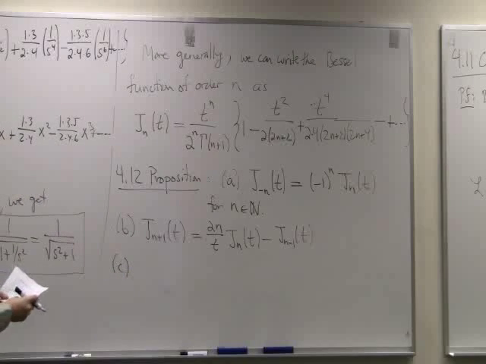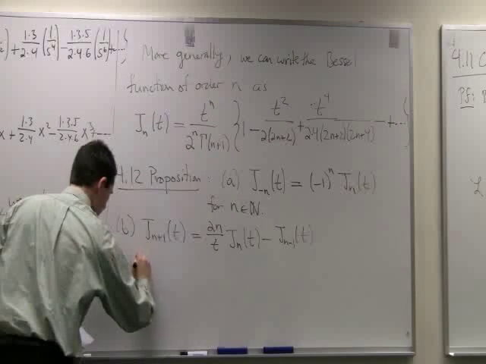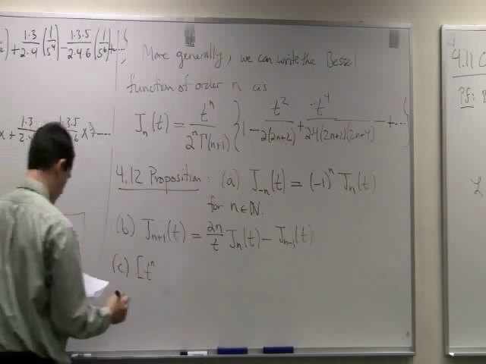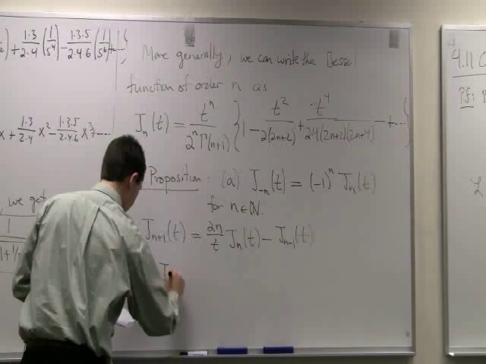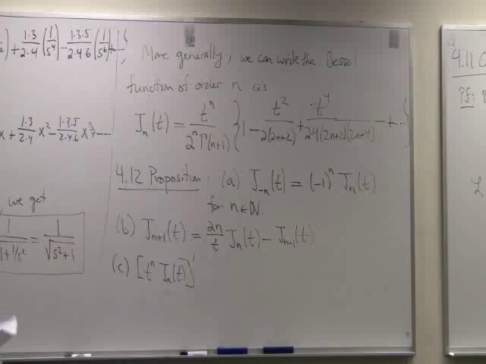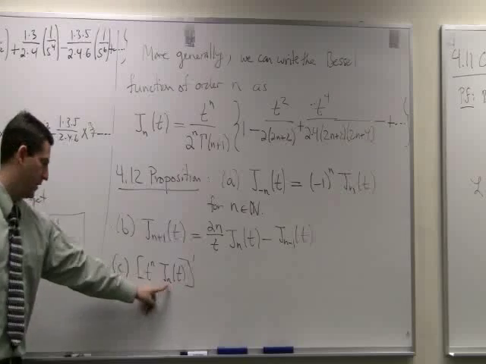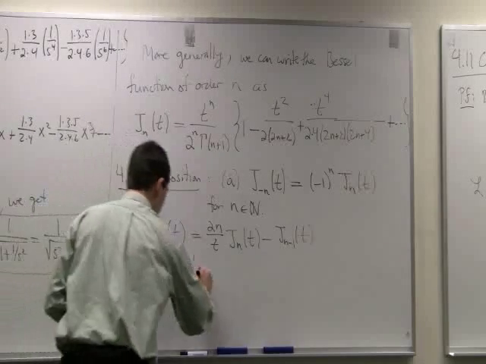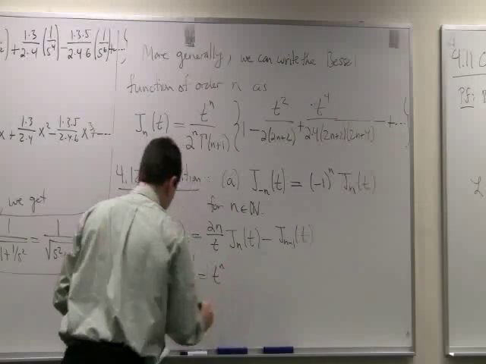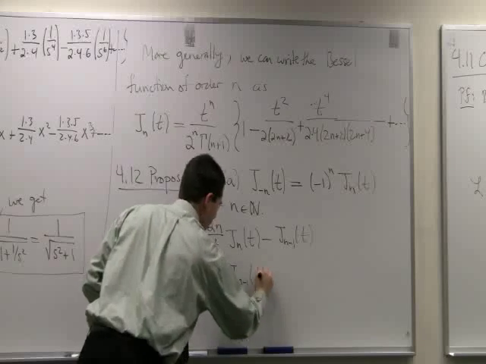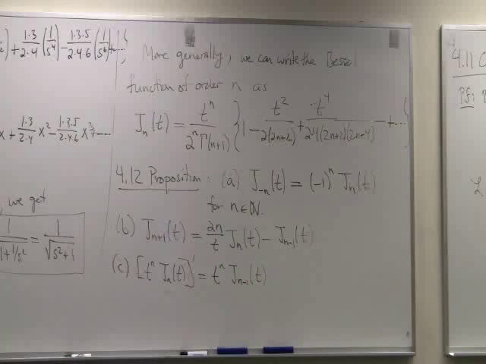The next one tells you how to take a derivative of the Bessel function multiplied by a power of t. So if you take the nth Bessel function multiplied by t to the n, and you take the derivative, this ends up just being, well, the t to the n stays, and amazingly all that happens is you decrease the index of the Bessel function, or the order of the Bessel function, by 1.